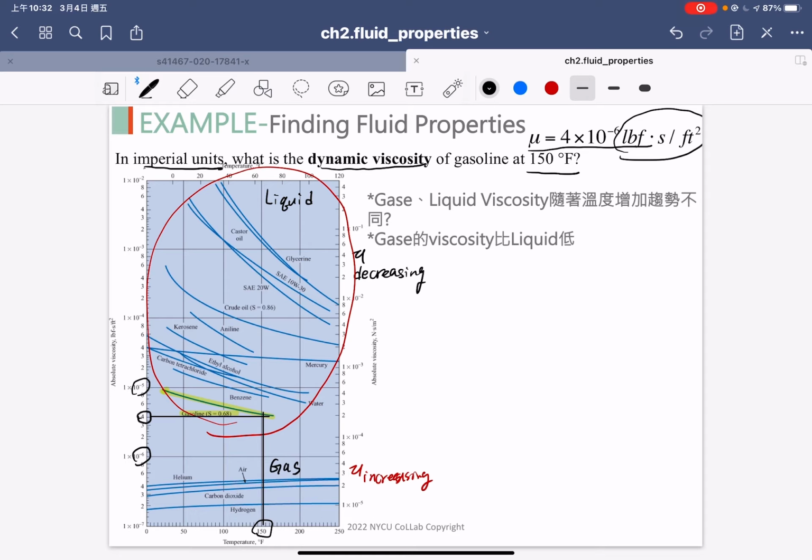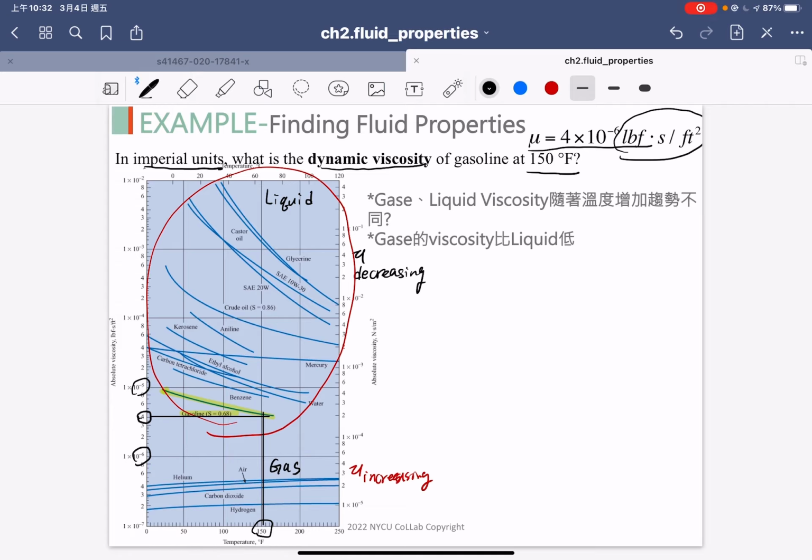Usually for our exercises, examples or quizzes, you don't need to remember the viscosity. I will provide the table or the numbers for our exercise. But there are some properties you need to remember.